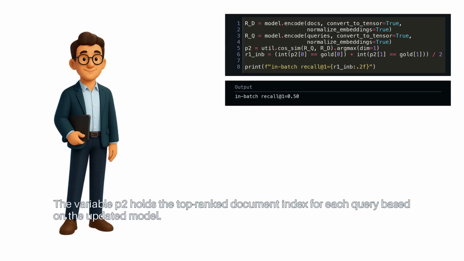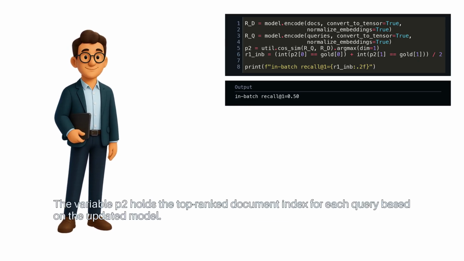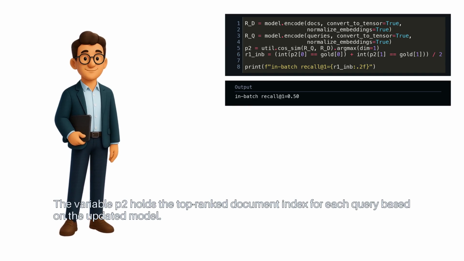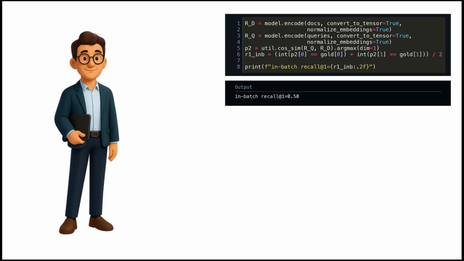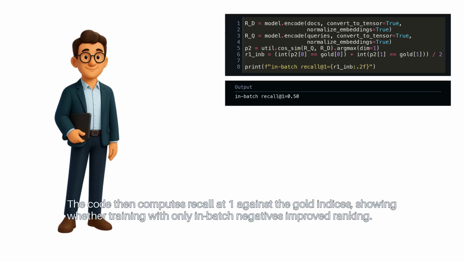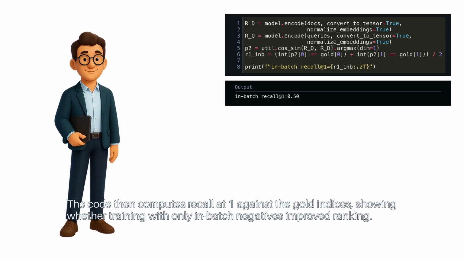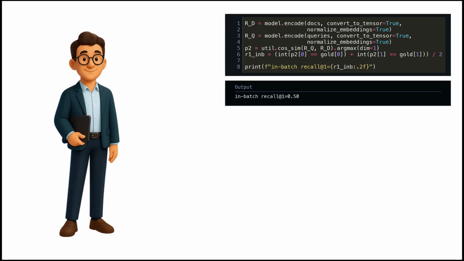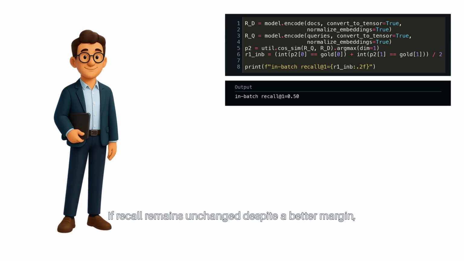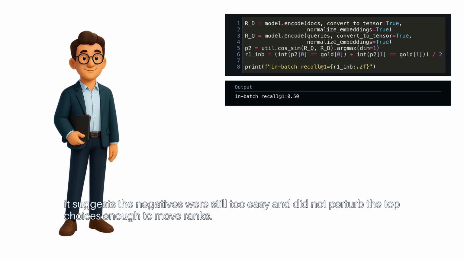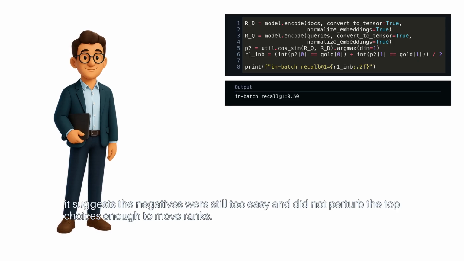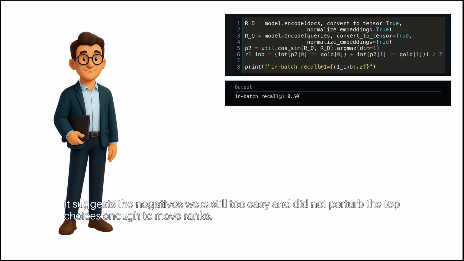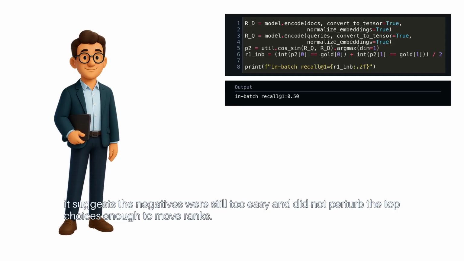The variable P2 holds the top-ranked document index for each query based on the updated model. The code then computes recall at 1 against the gold indices, showing whether training with only in-batch negatives improved ranking. If recall remains unchanged despite a better margin, it suggests the negatives were still too easy and did not perturb the top choices enough to move ranks.